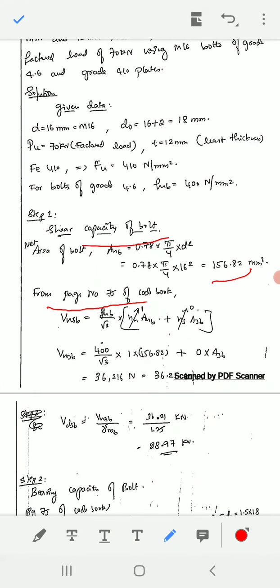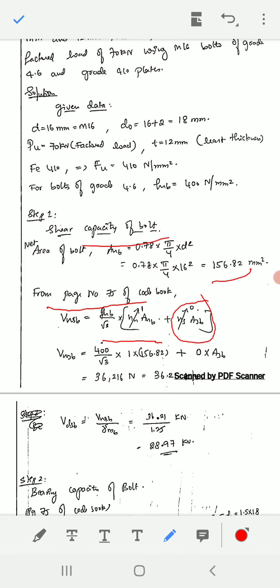So the formula is here: fub by root 3 into (nn Anb plus ns Asb), where nn is always 1, remember, and ns is always 0. So when ns is 0, this whole term will get 0. Then Vnsb is equal to 400 by root 3. What is 400?